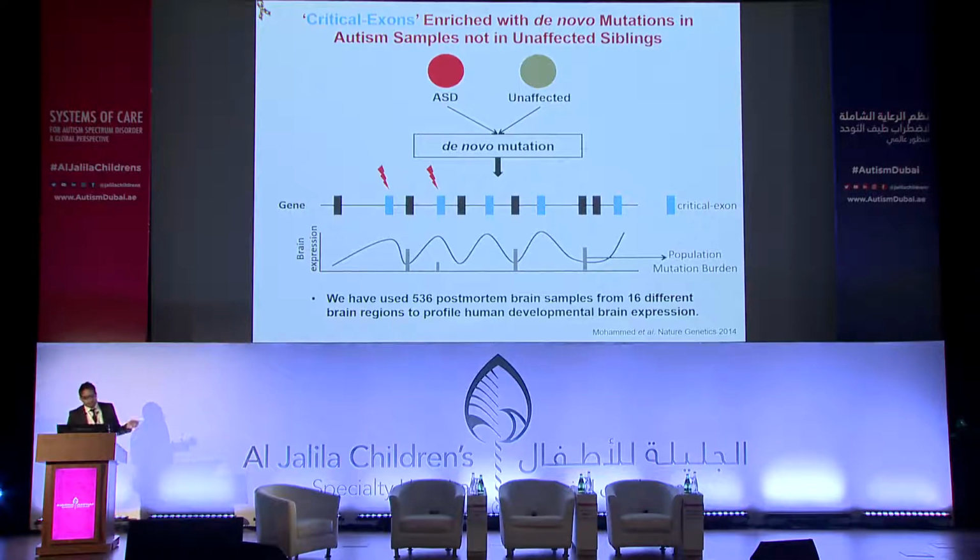From this, we gathered data from 536 postmortem brain samples from 16 different brain regions to find out, for these critical exons within numerous genes that are impacted by de novo mutation in autism, which brain region they are highly active in.